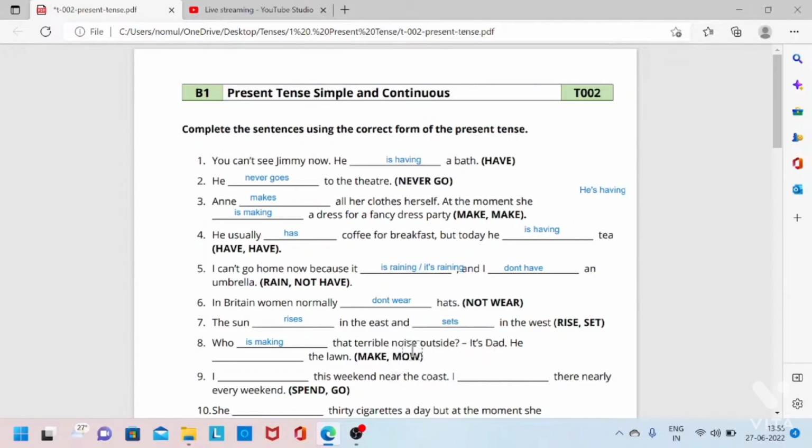Okay, he is mowing the lawn. Once again, he is mowing. Okay, mowing the lawn. So that is it.